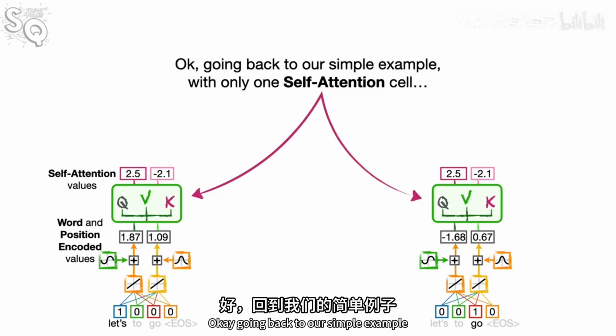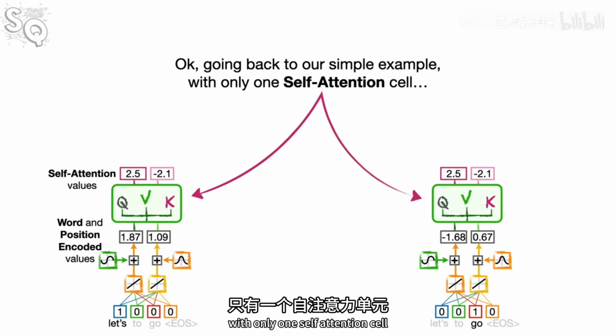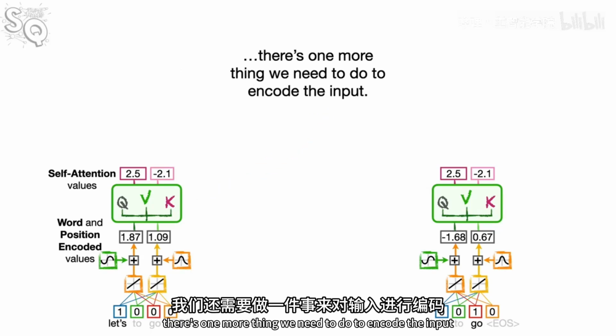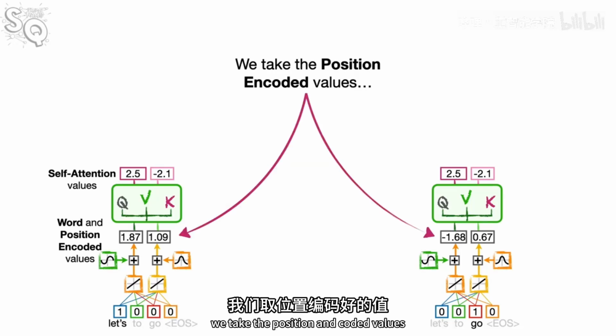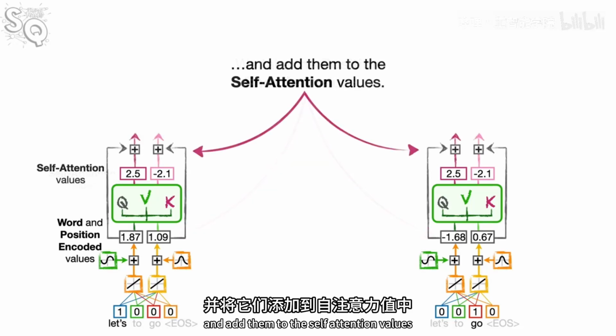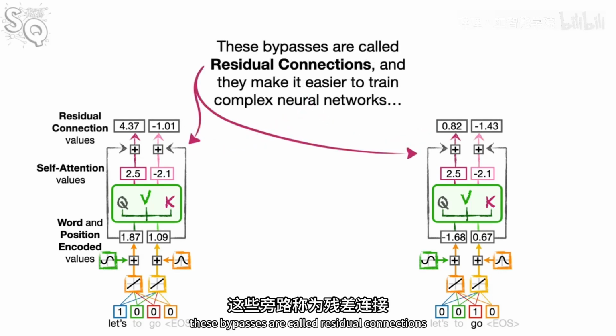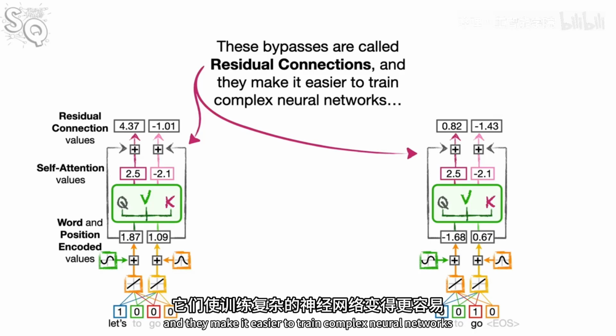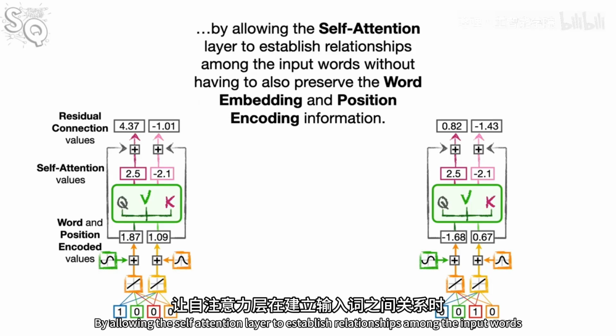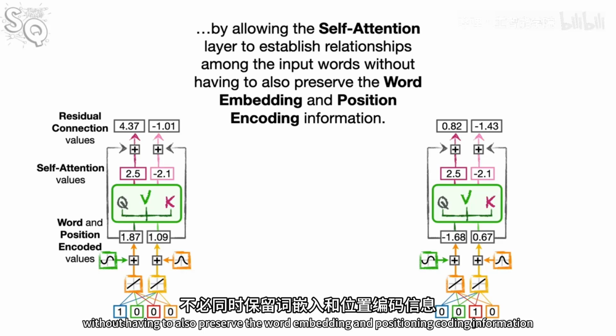Okay, going back to our simple example with only one self-attention cell, there's one more thing we need to do to encode the input. We take the position-encoded values and add them to the self-attention values. These bypasses are called residual connections, and they make it easier to train complex neural networks by allowing the self-attention layer to establish relationships among the input words without having to also preserve the word embedding and position encoding information.